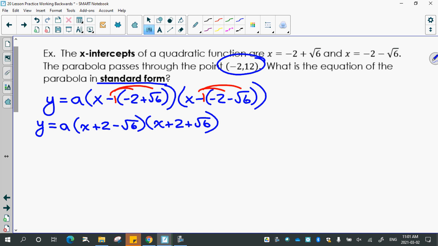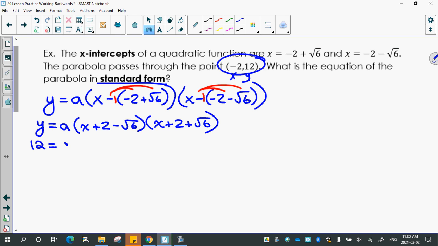So a point that I know is on the parabola is when x is -2, y is 12. If I put 12 in for y and -2 in for x, my only unknown will be A. Okay? So I'm going to do that. I'm calculating A here.